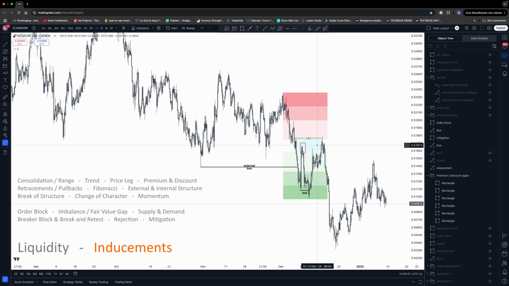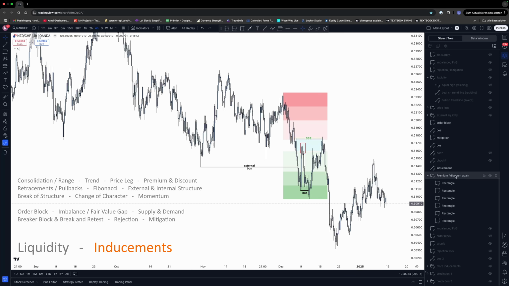This middle ground zone is just not valid enough to sell from. So this is an inducement zone where we basically induce or stop out the people that think, okay, let's just sell from here. I'm impatient, or I'm confident for some reason that it's going to sell from here. Boom, I get stopped out as an inducement happens. And this liquidity being swept can ultimately lead to more fuel to the fire to continue the trend.